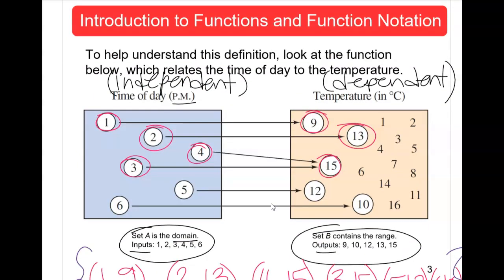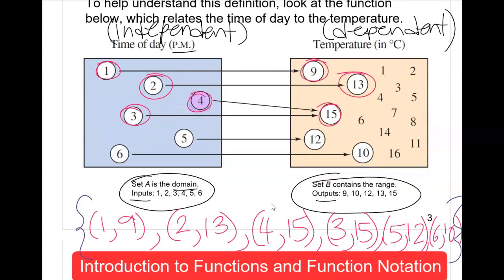Is 4 related to only one element in the temperature in set B, or the outputs? Yes, 4 is only related to 15. There we have it. Now, is 3 only related to one element from the other set? Yes, only 15. It just happens that the temperature at 3 p.m. and 4 p.m. was the same, 15 degrees Celsius.